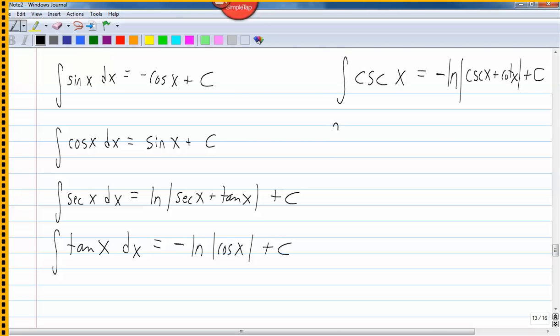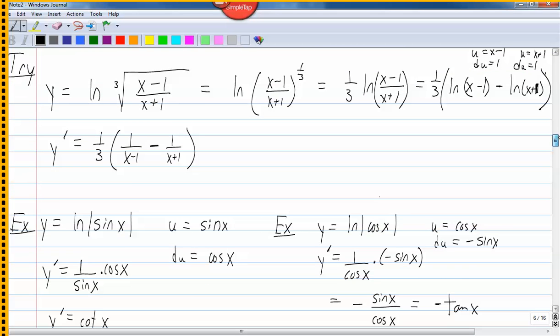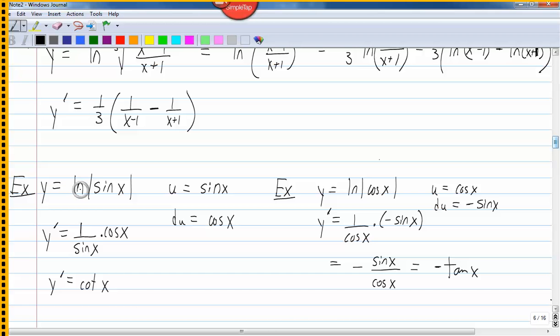And then the last one, the integral of cotangent of x dx. So I believe we went over that one too when we were doing derivatives. Natural log of the sine of x.